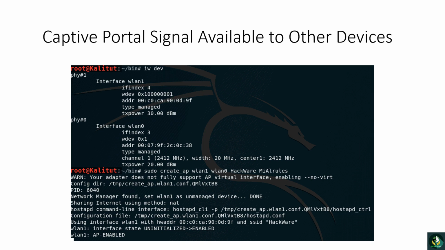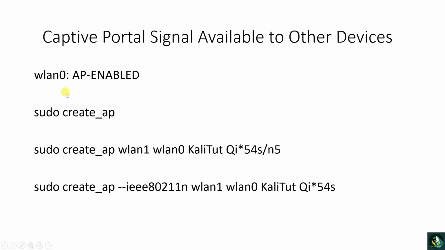After that, if a string appears, as you can see, wlan1 or 0 is AP-enabled. Then if you see this, everything went well. The command above creates an AP whose connection is not password protected.